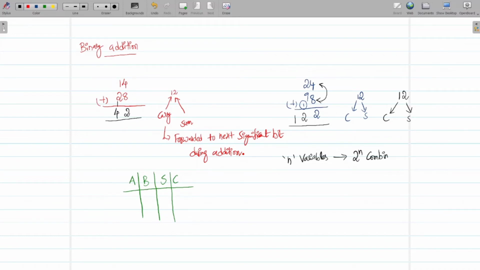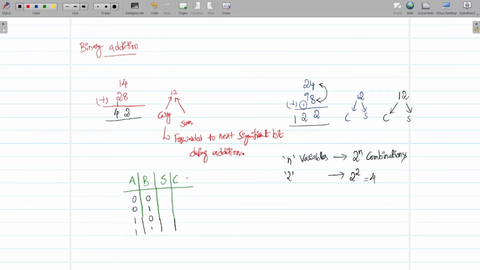Here there are two variables, so 2 squared, which means four combinations: 0 0, 0 1, 1 0, 1 1. These are the four possible combinations.